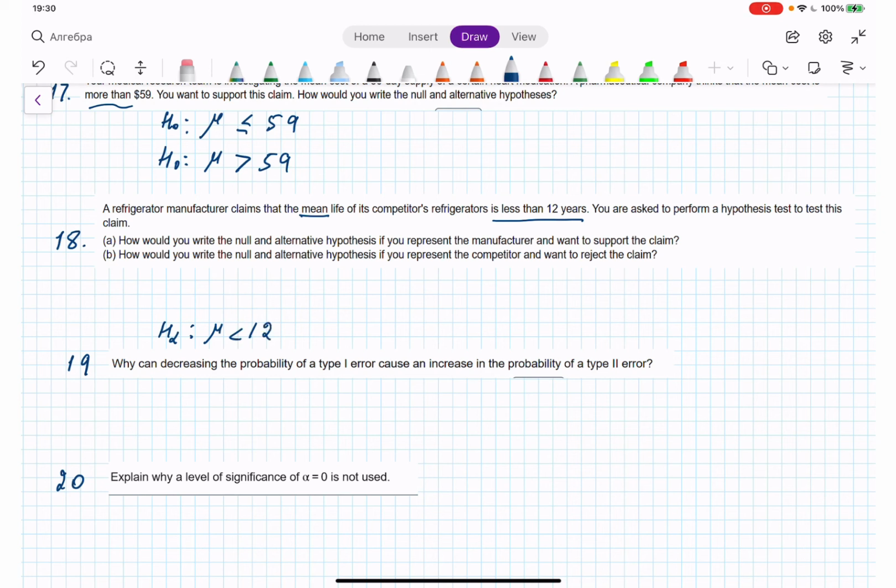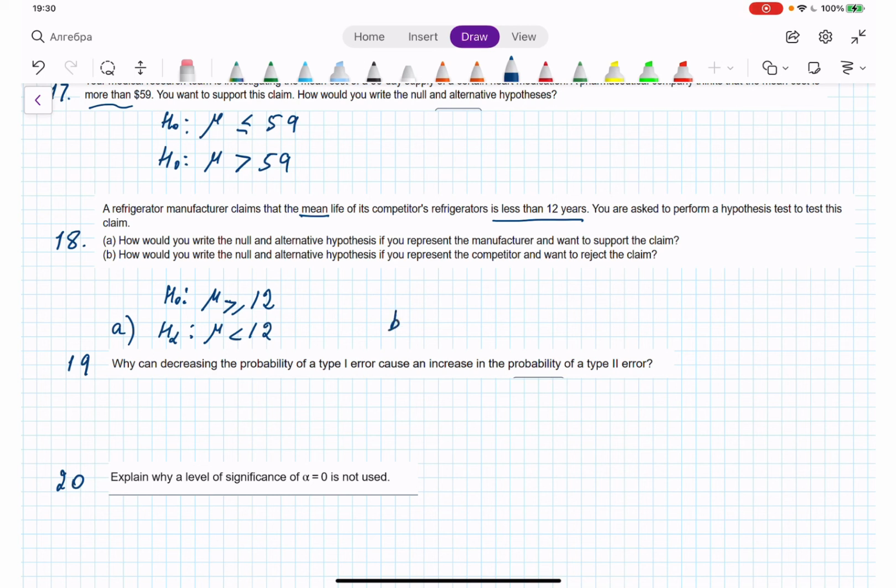How would you write the null hypothesis if you represent the manufacturer and want to support the claim? For A, the alternative is mu less than 12, and the null is accordingly mu greater than or equal to 12.